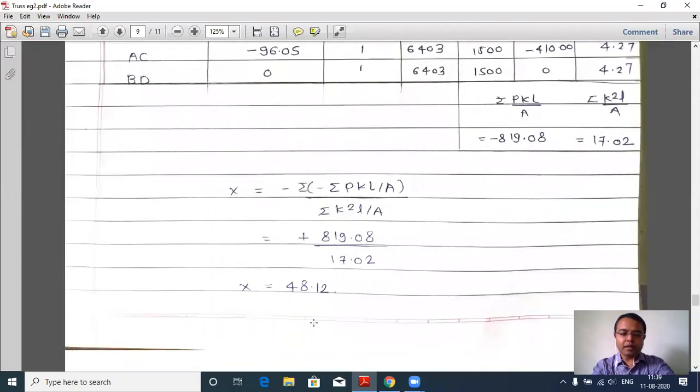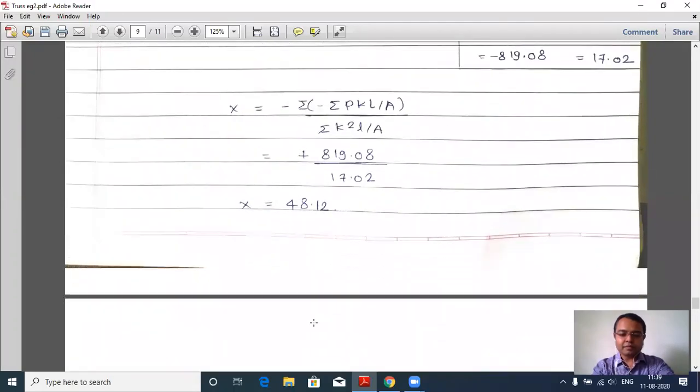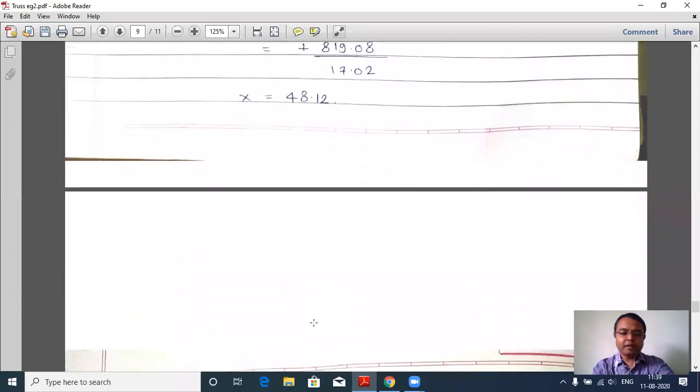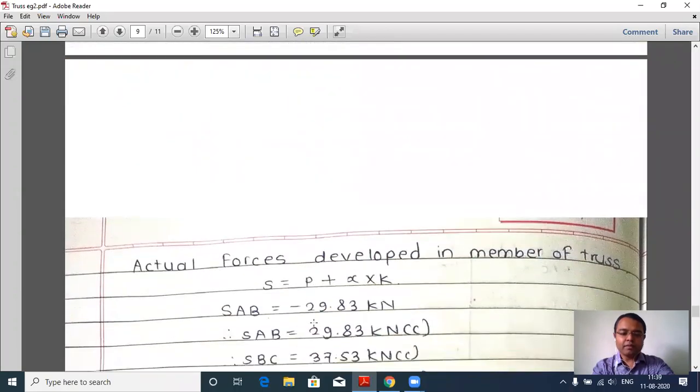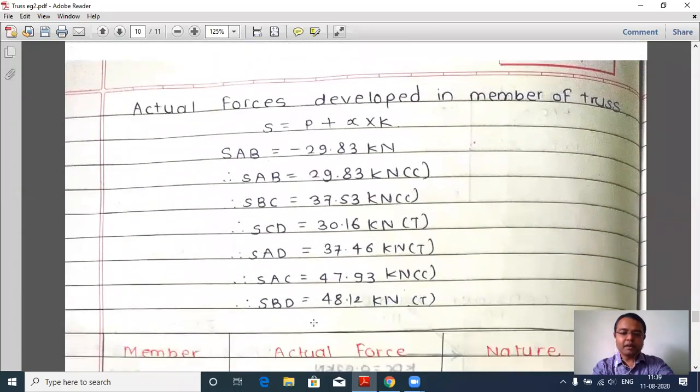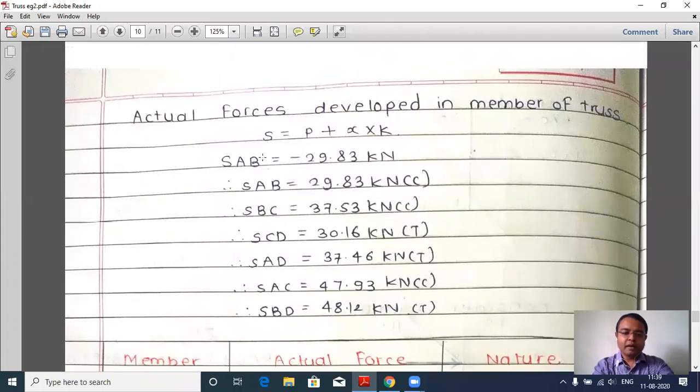Likewise, we can get the final magnitude of force in the member FAB. We are getting minus; of course, by the sign convention, minus means compression and plus means a tensile force.